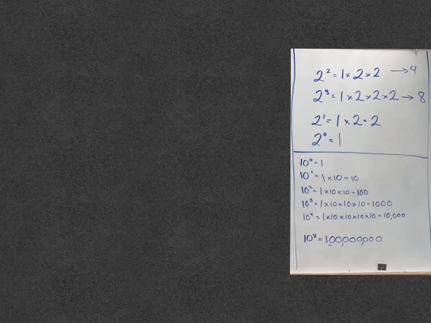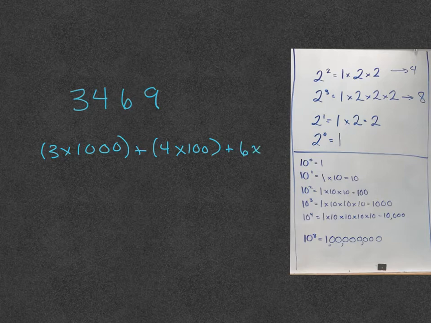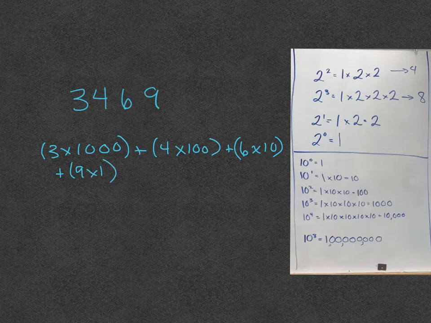So if, for example, I had the number 3,469, the way that you had it with our multiplication was 3 times 1,000 plus 4 times 100 plus 6 times 10, oop, forgot my parenthesis, plus 9 times 1. Okay, so now we're going to make it into our exponential version.